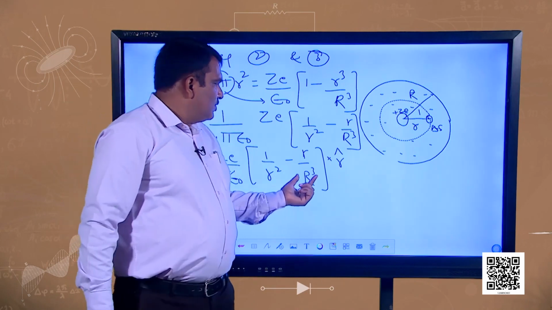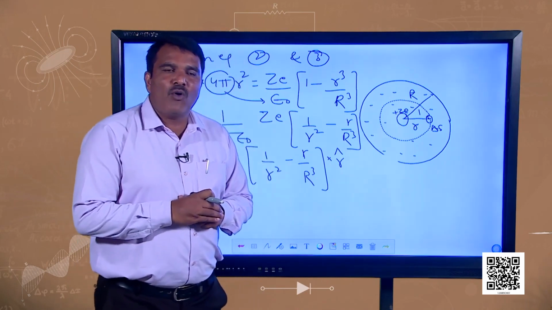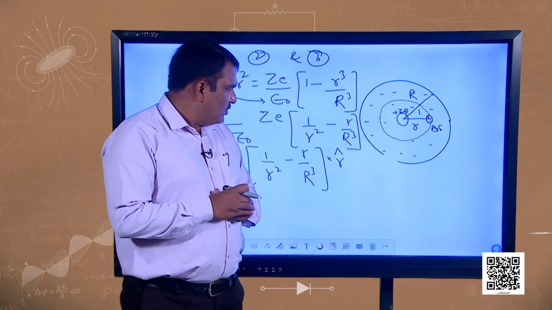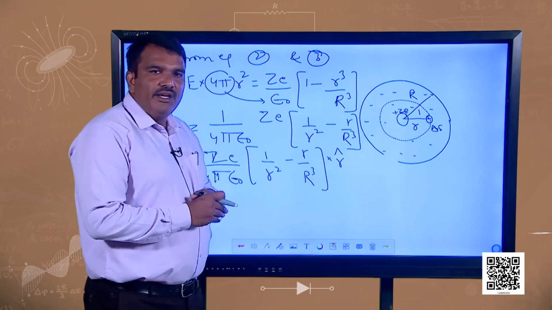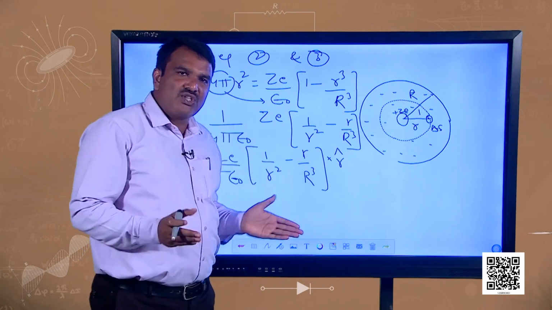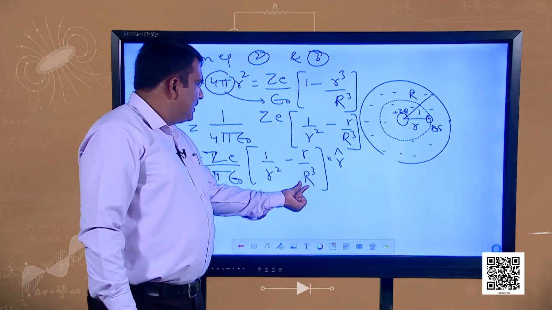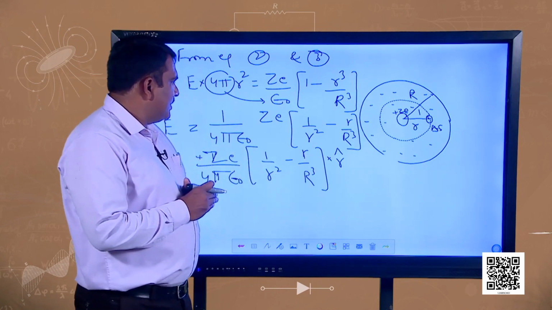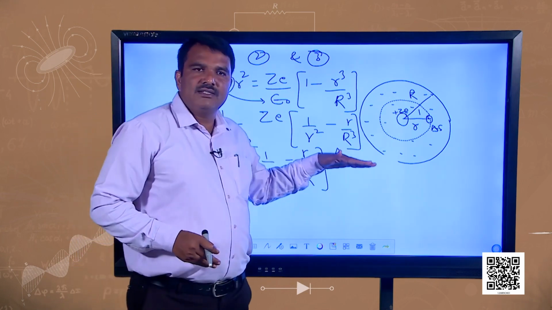Now, from this formula you can easily get electric field at any point on the surface of the atom. If you want to find electric field on the surface of atom, you can just replace small r by capital R, and you will get the electric field on the surface is 0.